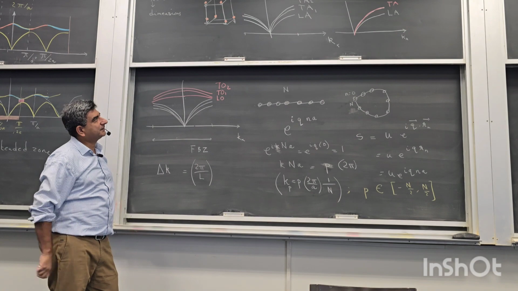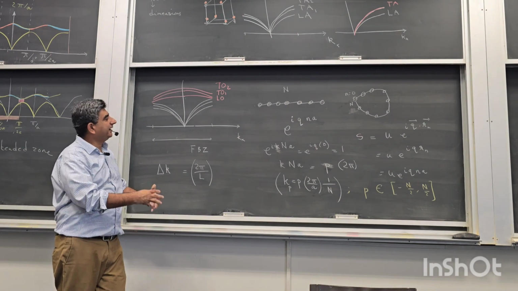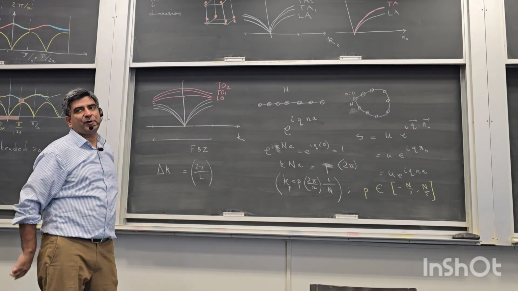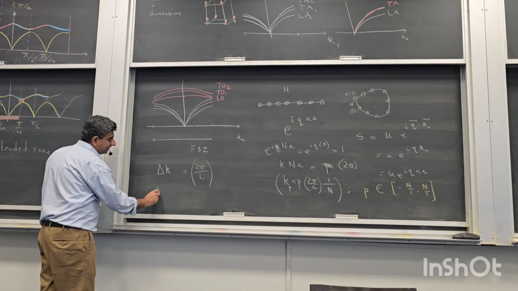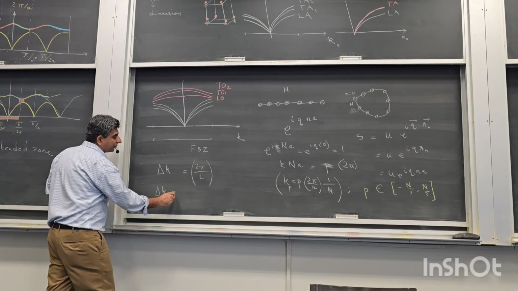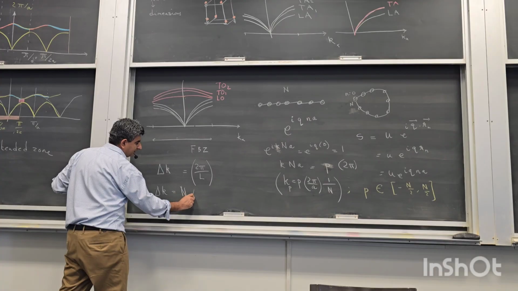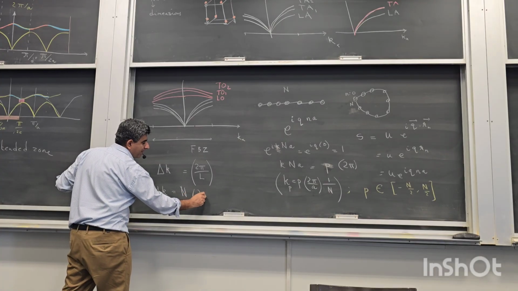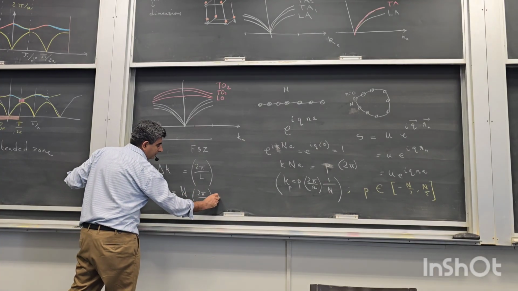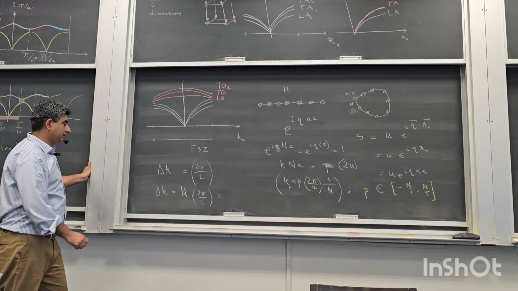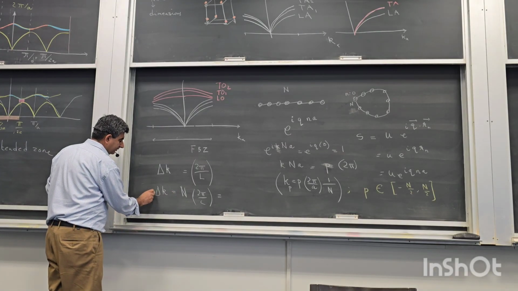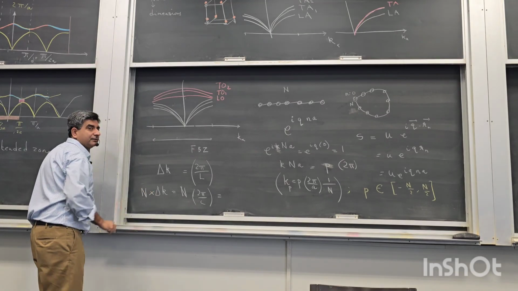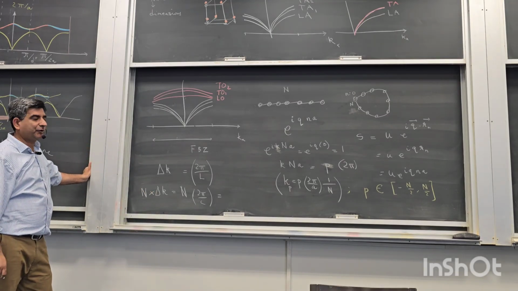If you take this spacing and multiply it with the total number of points, which is N, what should I get?